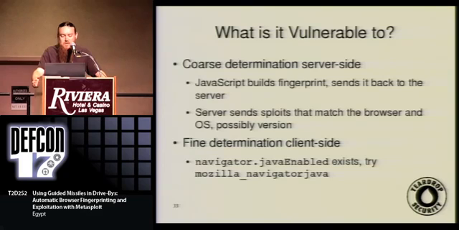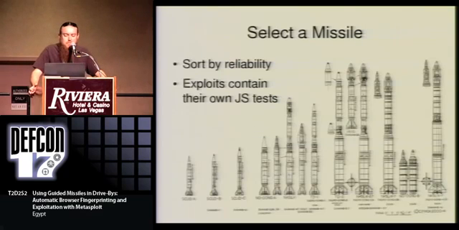You just make sure that Java is enabled, and then go ahead and try the exploit. If it's not enabled, then don't bother. You don't want to do a heap spray for no reason. So now we've sorted all of this stuff. We figured out what the client is, and we can try to pick out a missile.